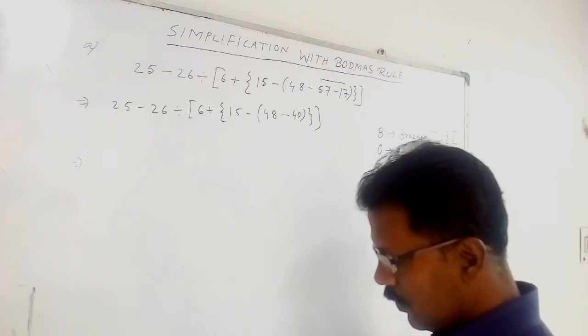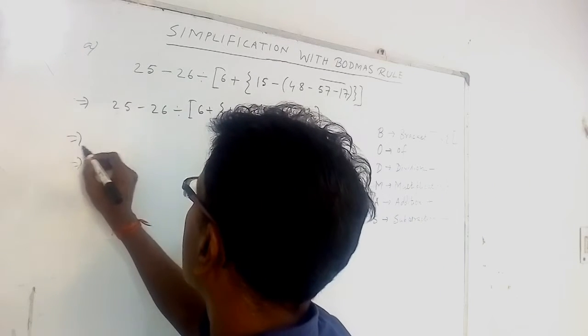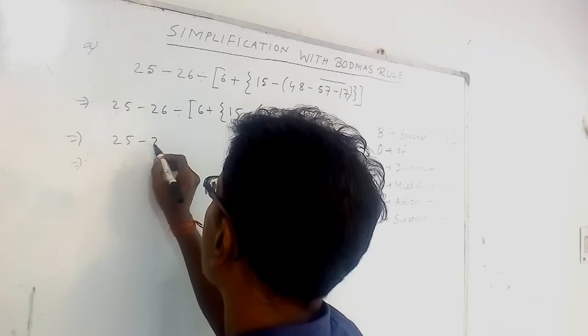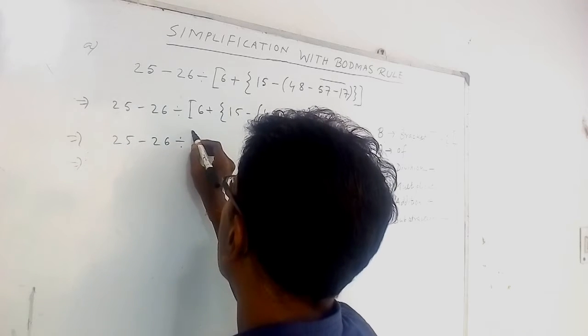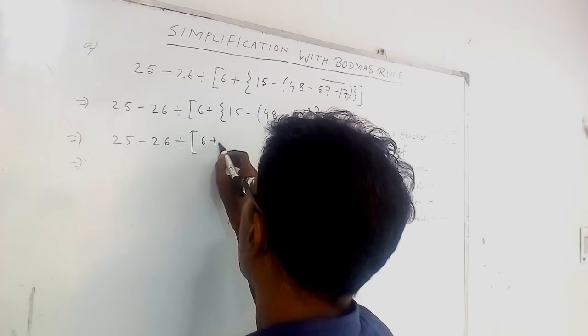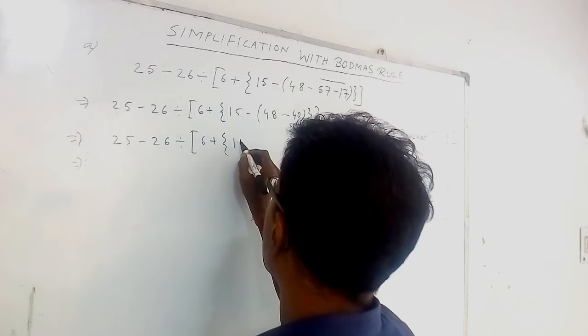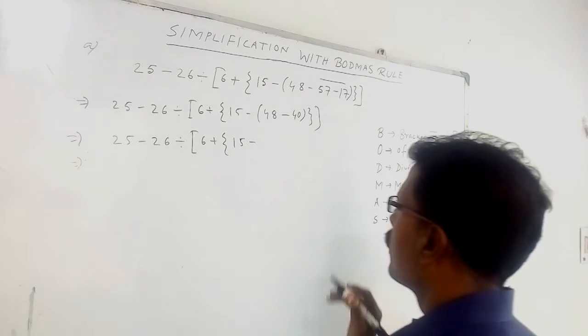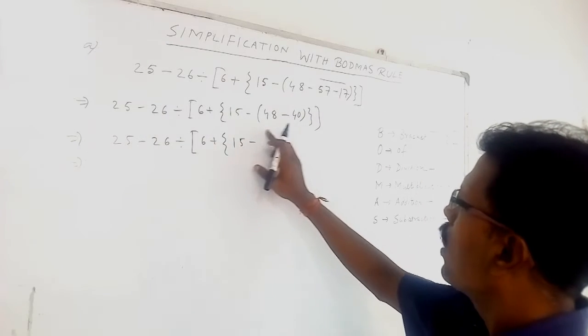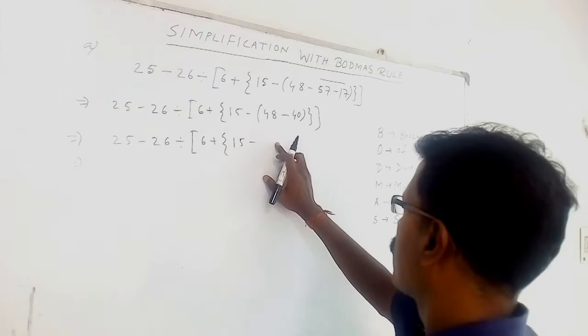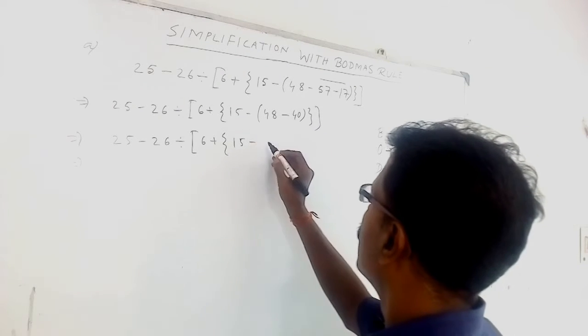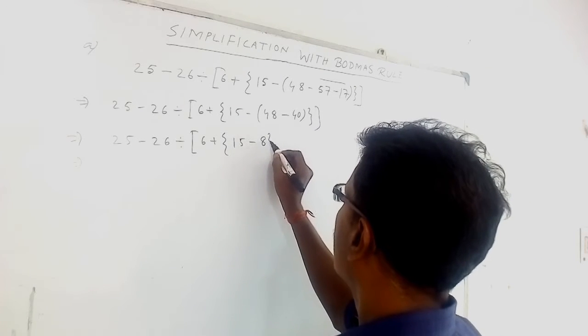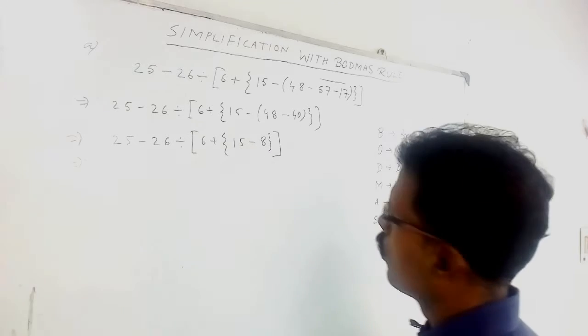Next, 25 minus 26 divided by third bracket 6 plus second bracket 15 minus first bracket 48 minus 40, second bracket close and third bracket close. The work of first bracket is to be done next, that is 48 minus 40, which is 8.